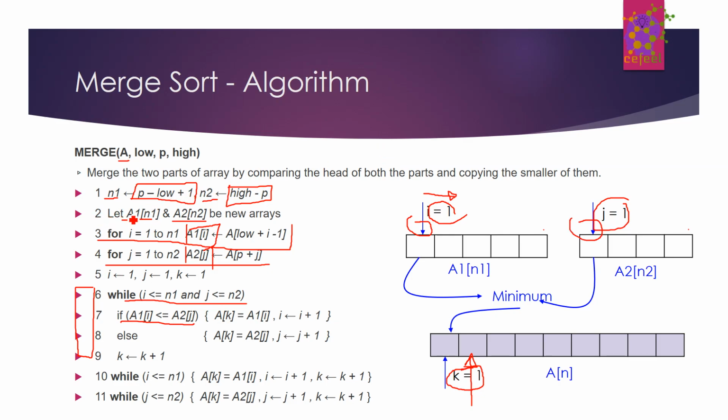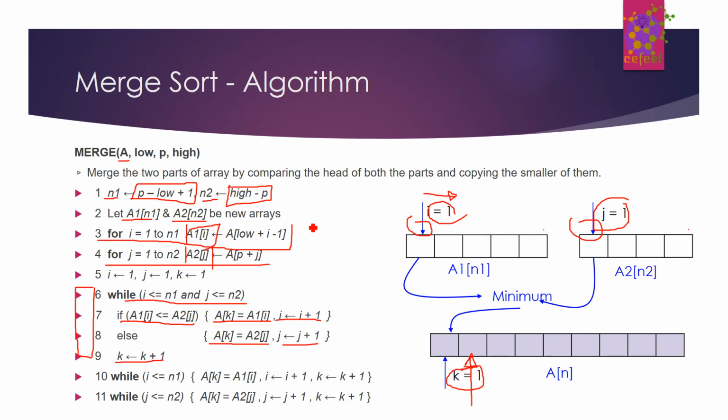If A1[i] is minimum, then we copy A1[i] to A[k], and then we increment i. Otherwise, if the element at j is smaller, then we copy that element to A[k] and we increment j, and finally we increment k, so that k now points to the next location.